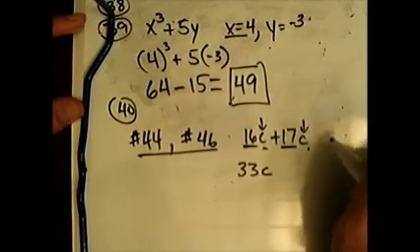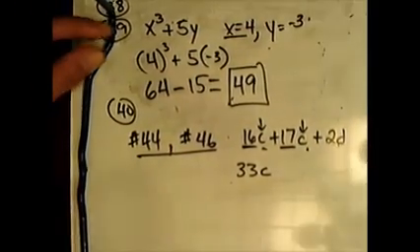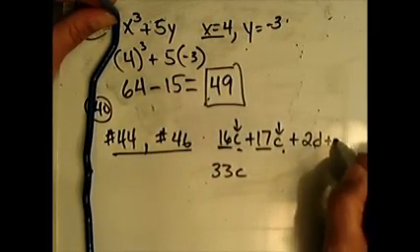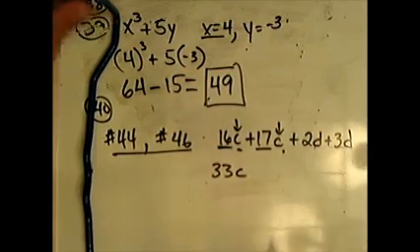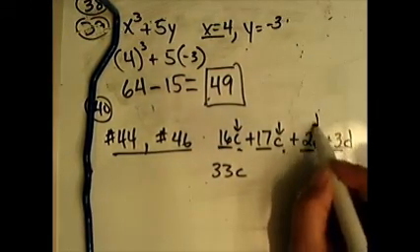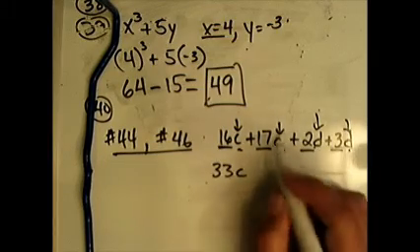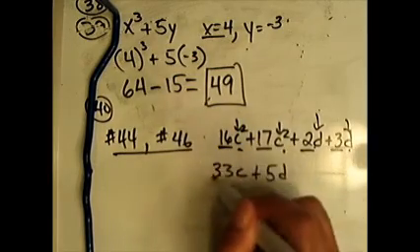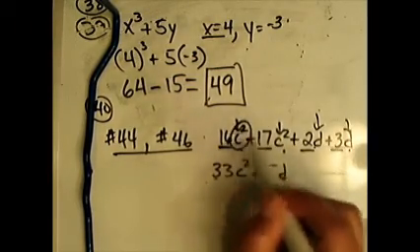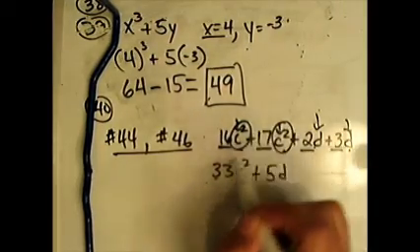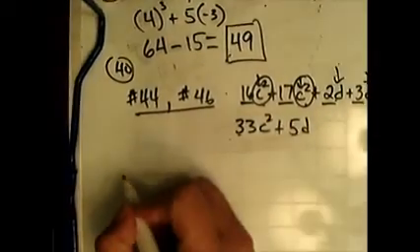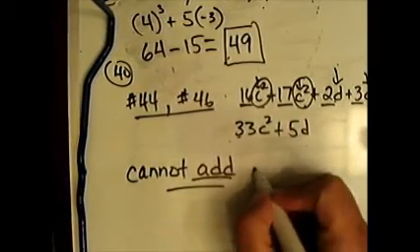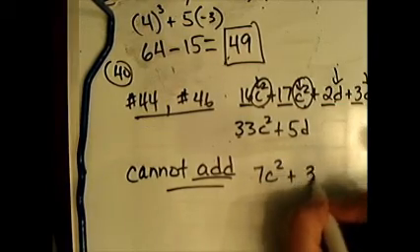But if I had a plus 2d here and a plus 3d, then I would add these two together because they're exactly alike. That has a d, that has a d. So that would be plus 5d. Now if this had squared on it, then this would be 33c squared. But they'd have to be exactly the same in order to add. You cannot add, let me write this down, 7c squared plus 3c.